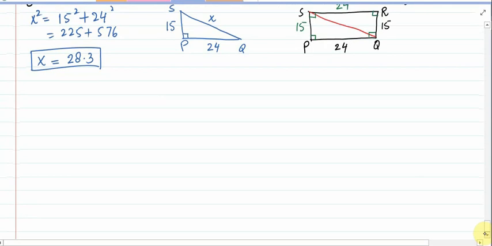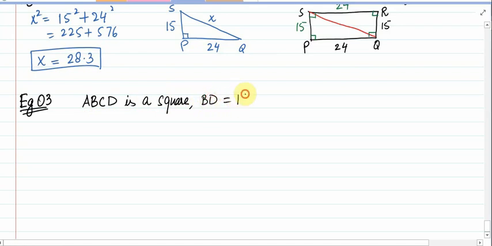Next one, example number 3. Now it says ABCD is a square. The length of BD is known, that is 16 centimeter.